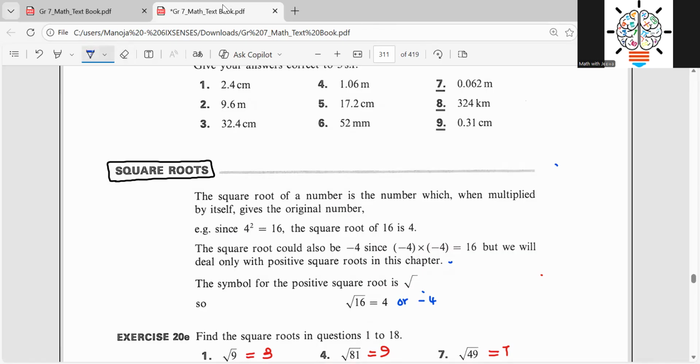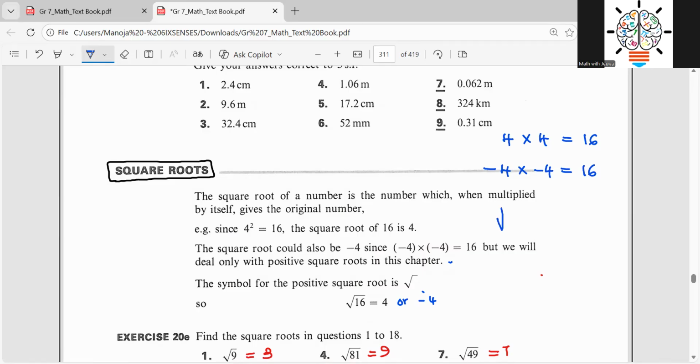But keep this in your mind, children. This is very important when you go to the upper grades. If you want to get 16, one method I can get is 4 times 4, it gives me 16. And also, if I have negative 4 times negative 4, it gives me 16. Right? Both ways I can have 16.